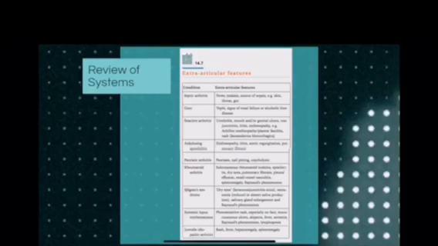Septic arthritis, of course, fever and malaise, and that septic arthritis could be from an infection somewhere else. Maybe they've got a Streptococcus pneumoniae pneumonia, and they got bacteria in the bloodstream, and that seeded the joint with bacteria, so they end up with a septic arthritis, an infected joint.